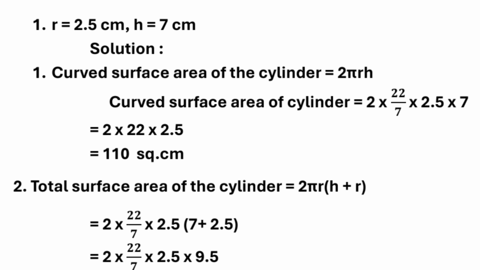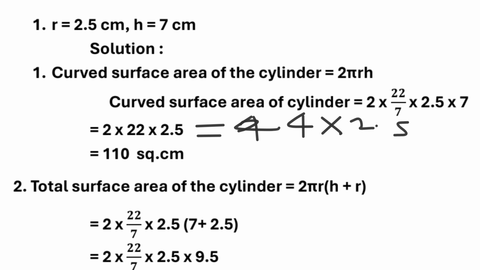Now here this numerator 7 and denominator 7 cancelled. So after cancellation of 7, we get here 2 into 22 into 2.5. Here I have written it. Therefore, here 2 into 22, that is 44, into 2.5.